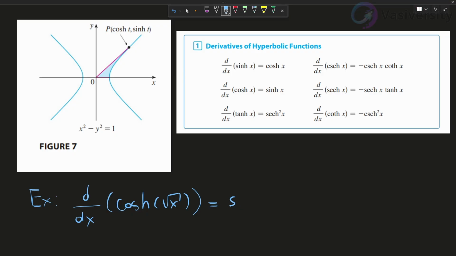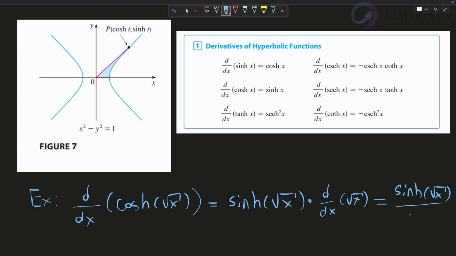That would be hyperbolic sine of square root of x times the derivative of square root of x, which gives hyperbolic sine of square root of x over 2 square root of x.